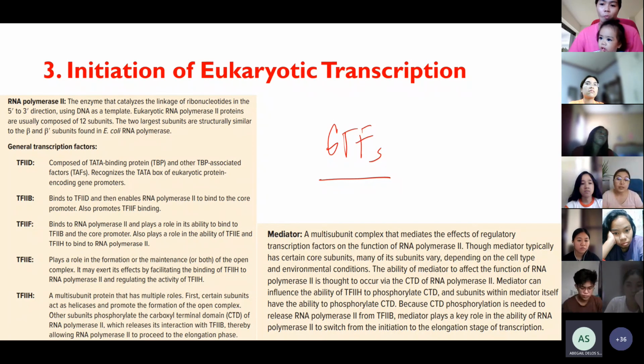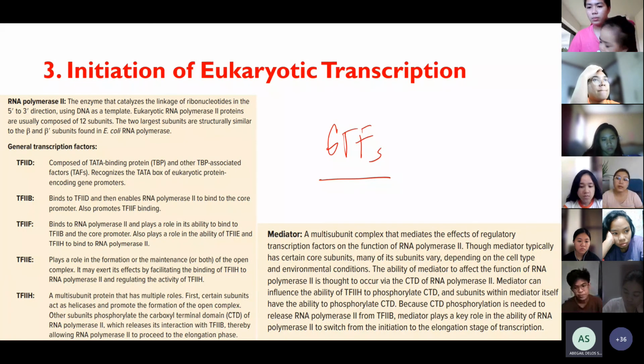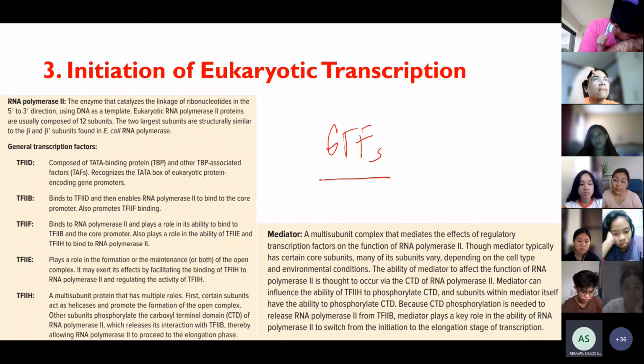After your TFIID binds to your TATA box, it will associate with TFIIB and promote the binding of the RNA polymerase to the promoter. Once your TFIIE and TFIIH bind to the complex, the binding completes the assembly of the protein complex, which is the closed one, which we termed the pre-initiation complex.